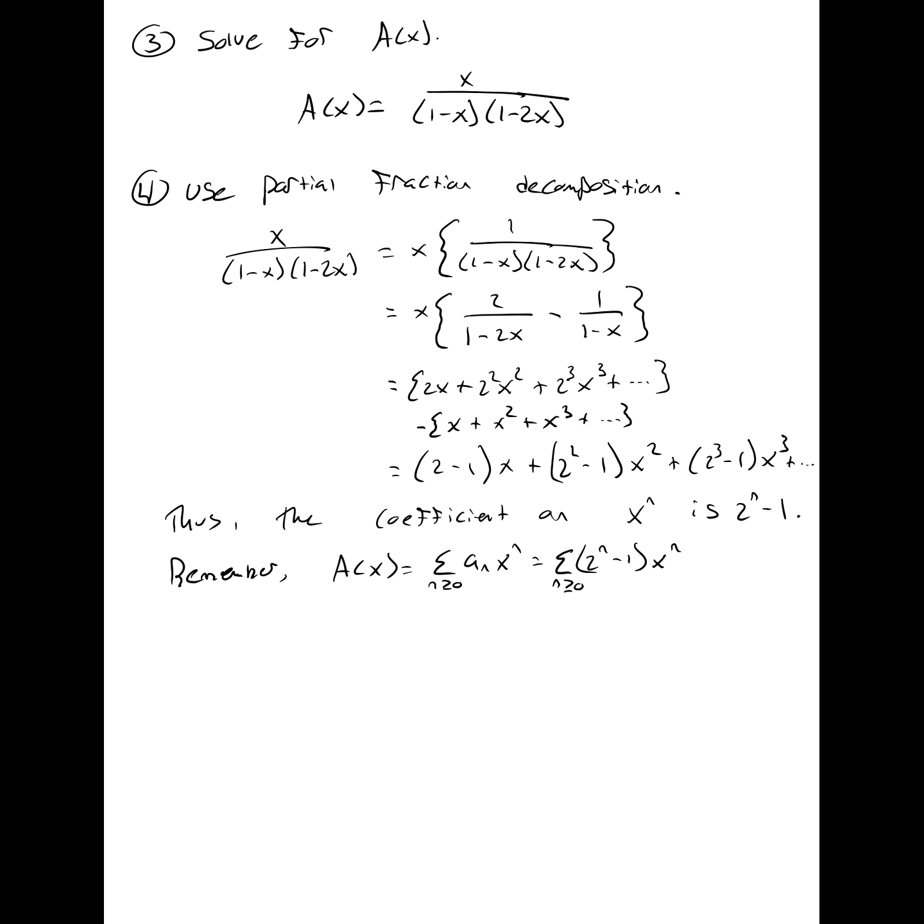Which means if we just relate the coefficients, we get that a sub n as a closed form is identically equal to 2 to the n minus 1. And that's the closed form.